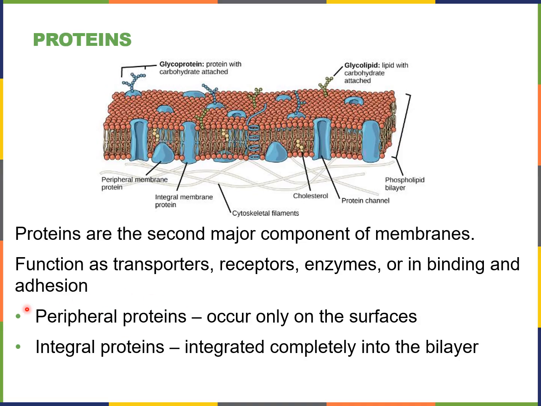Again, the peripheral proteins are attached to the inside or to the outside of the membrane, but they do not cover the whole membrane, while the integral proteins can go from one side to the other side of the cell membrane.